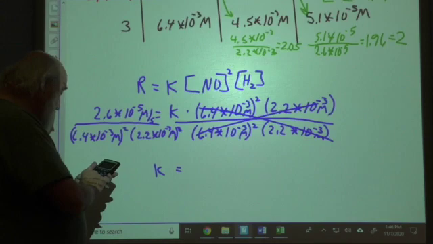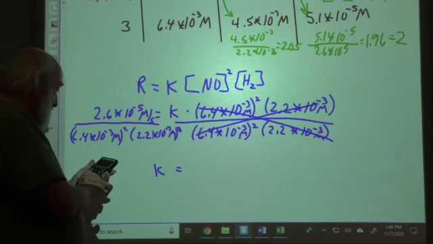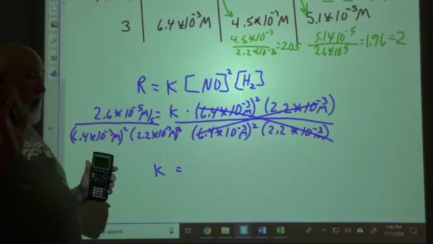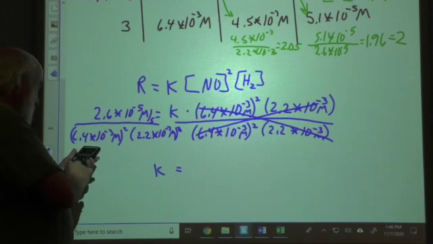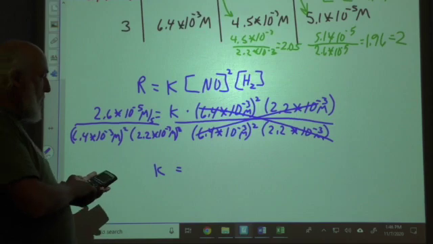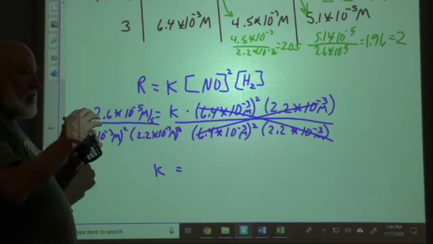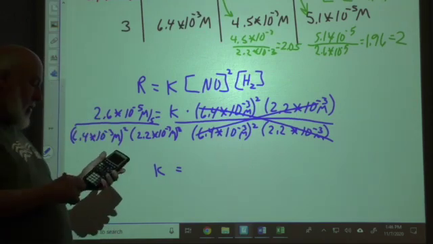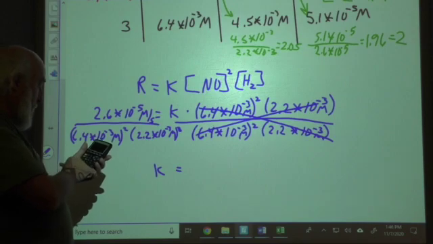Okay, so 2.6e negative 5 divided by, and be careful on this, 6.4 e negative 3 squared. You can hit the square symbol. You don't have to worry about putting parentheses around it because the EE key puts imaginary parentheses around it. So you just go ahead and hit the square on that.